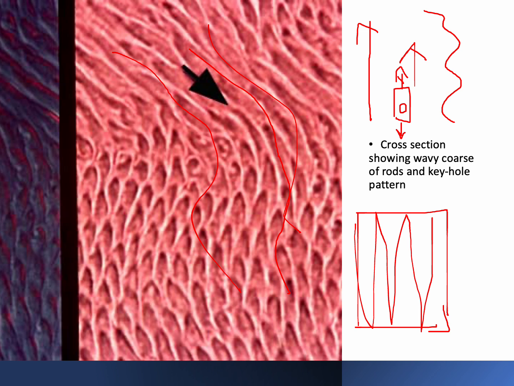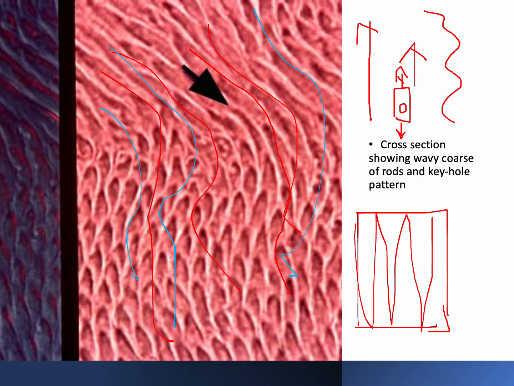This prism arrangement of the enamel strengthens the enamel, and we discussed that also in the lecture. As you can see here, these wavy courses of the rods. That will be really clear for you when you see the next two videos I'm gonna upload for you.